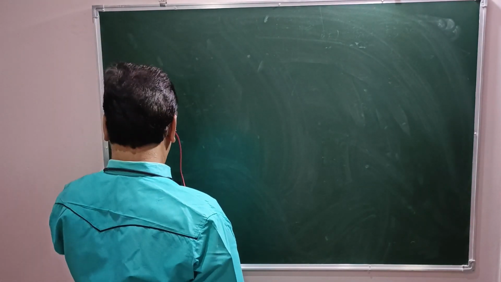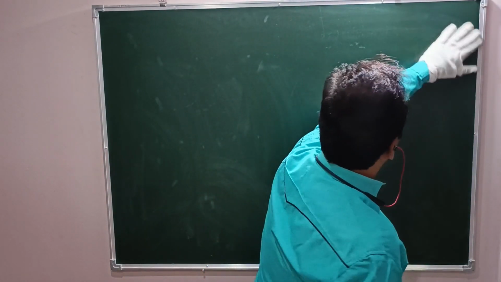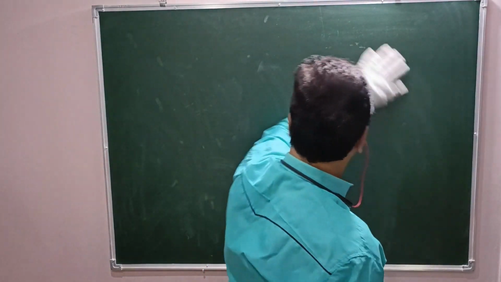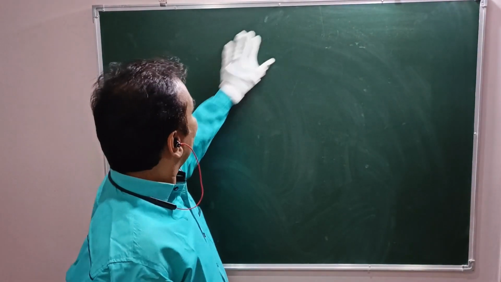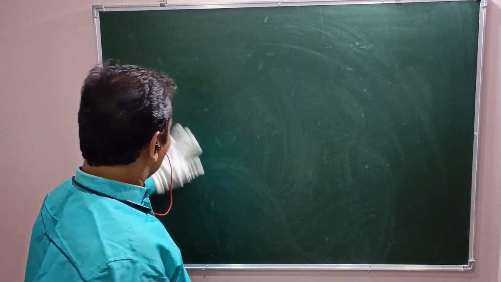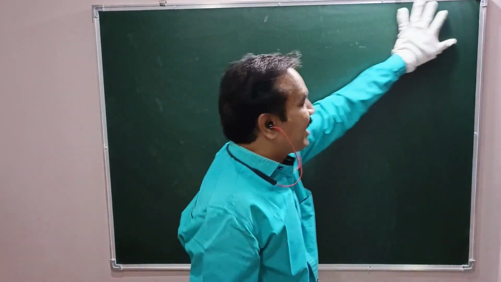So far we have discussed dot product or scalar product, in which when two vectors are multiplied, the result is a scalar. Here onwards, if two vectors are multiplied, the resultant is again a vector.